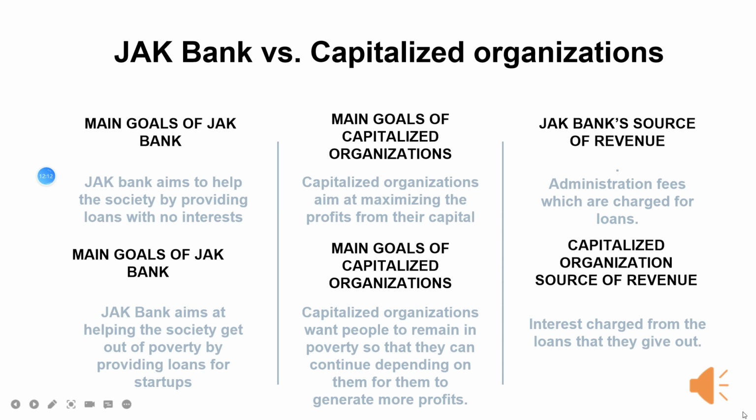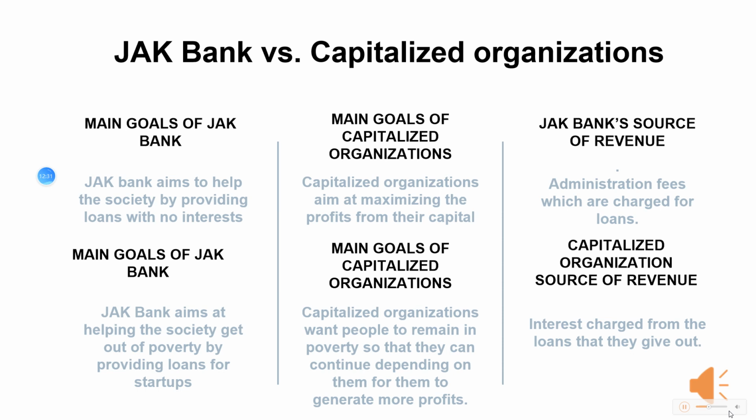From the article, JAK Bank is an example of a socio-economic organization since it does not charge interest on these loans. This gives those who are short on capital an advantage, since they will return only the money they initially borrowed.